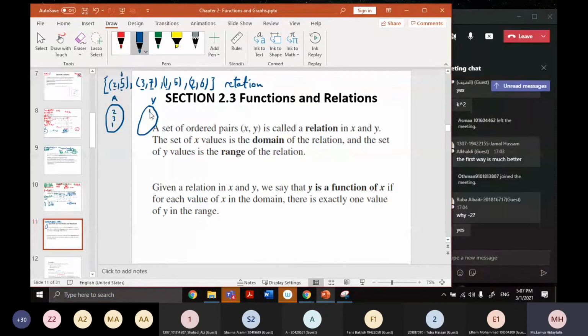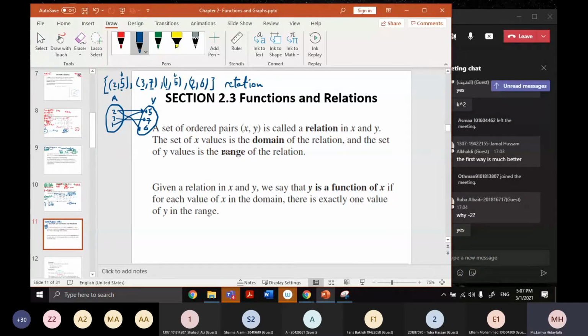I have the 5 and I have the 7 and then again 5 and then 6. And then I have a map. 2 is related to the 5, yes. 3 is related to the 7 and 1 is related to the 5 and 2 is related to the 6.